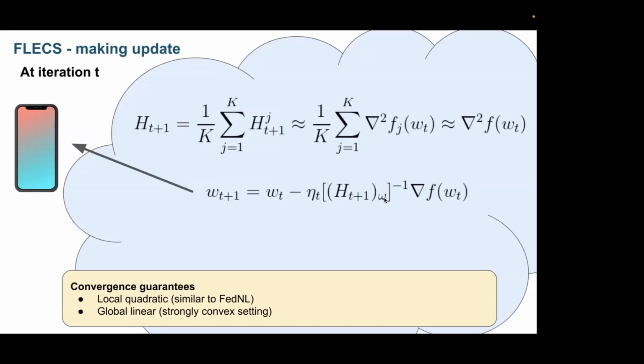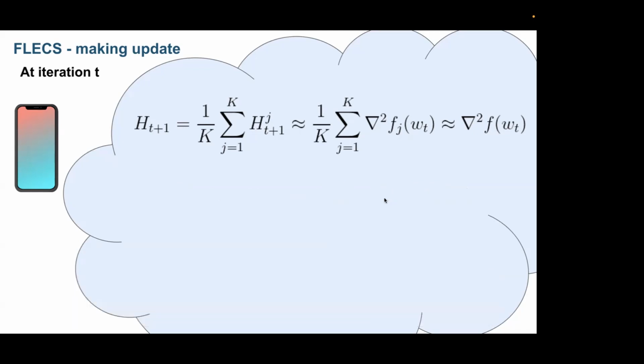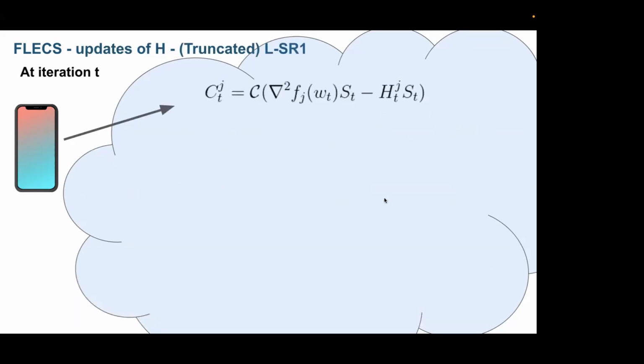Second question, can you describe what the memory footprint in clients is? Because I have lost slightly. What should clients store during the optimization procedure?